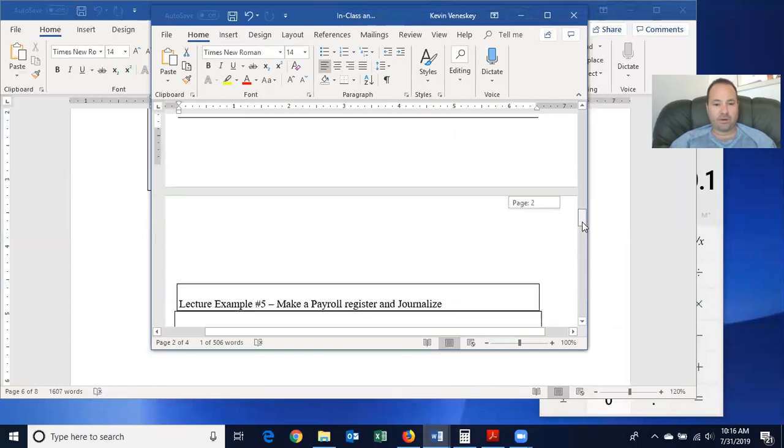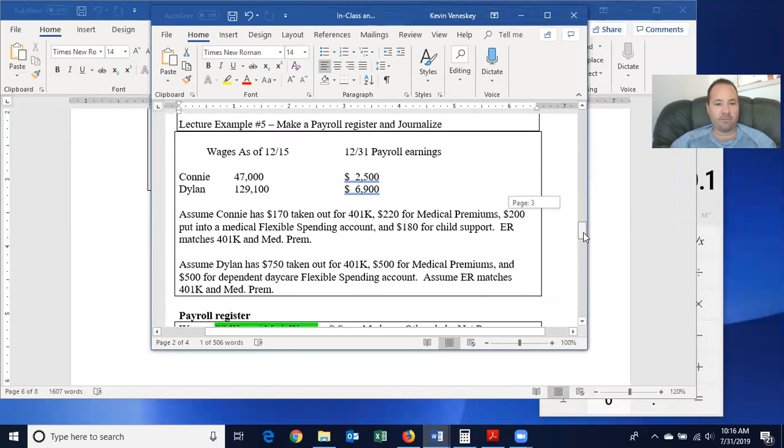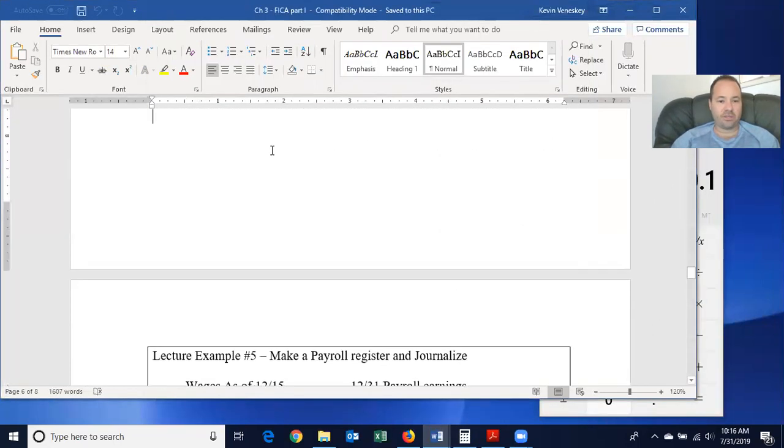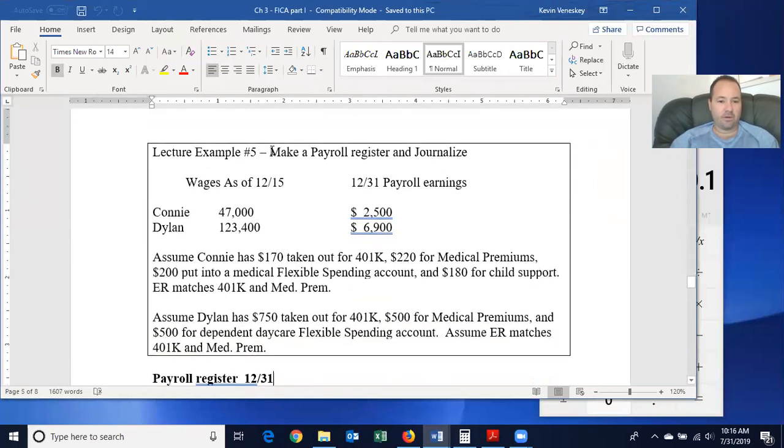And before we start, this number should have been changed. 129.1, I was thinking it was. So let me change this. 129.1, I'll have this changed in yours for your updates.